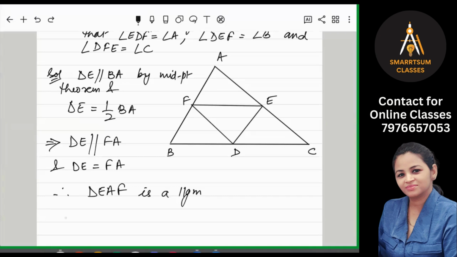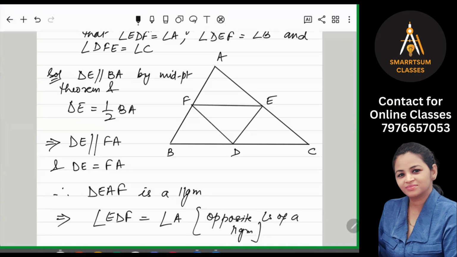Now, since this is a parallelogram, can we say that angle EDF, this one, will be equal to angle A, this one? Why? Because opposite angles of a parallelogram are equal in measurement. These are the opposite angles of a parallelogram.